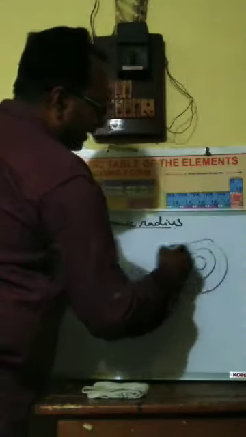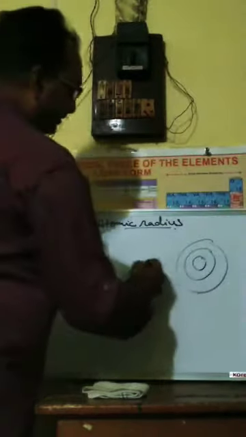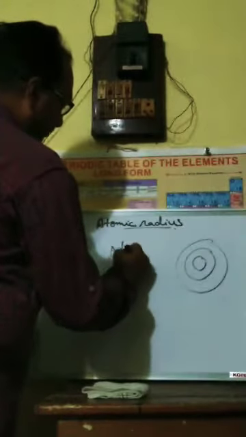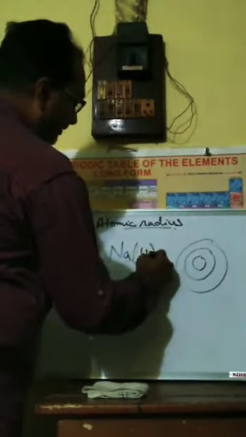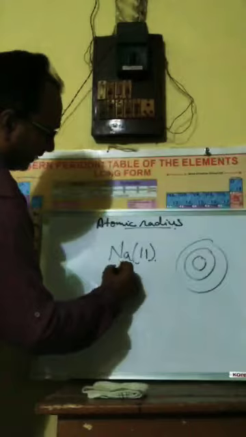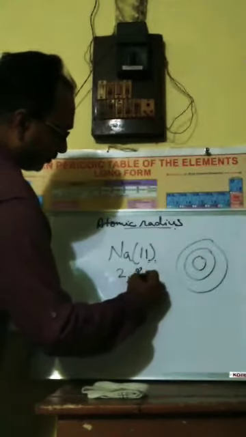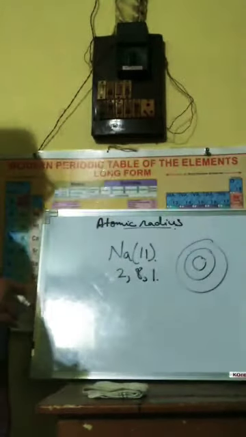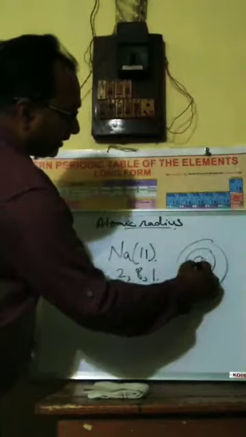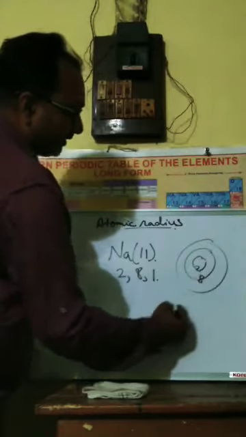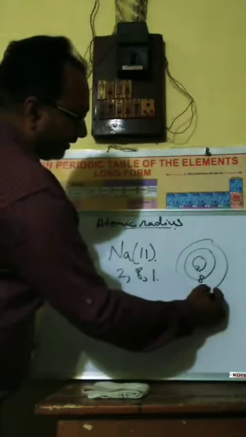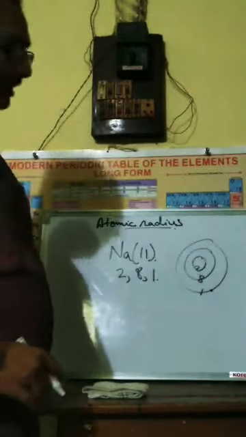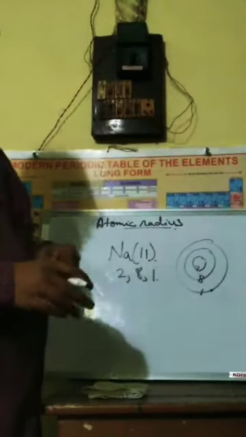Suppose we consider any element, say sodium, whose atomic number is 11. So how will it be arranged? It will be arranged as 2, 8 and 1. That means 2 electrons in the first shell, 8 electrons in the second shell and 1 electron in the third shell. Now what does it have to do with the atomic radius?